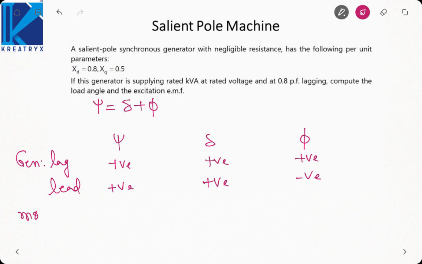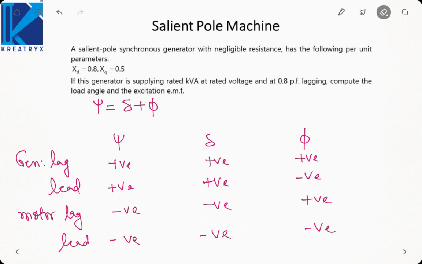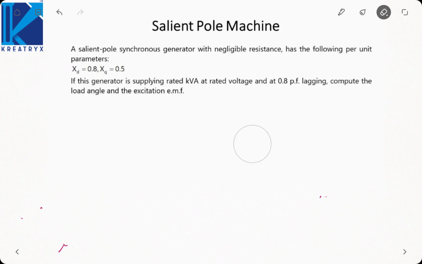Similarly, motor lagging: negative, negative, positive. Motor leading: negative, negative, negative. So remember, psi and delta will always have the same sign; for generator it will be positive, for motor it will be negative. Phi will be positive for lagging, negative for leading. Is it fine? So based on that, we can use the direct formula for psi in terms of delta and phi.